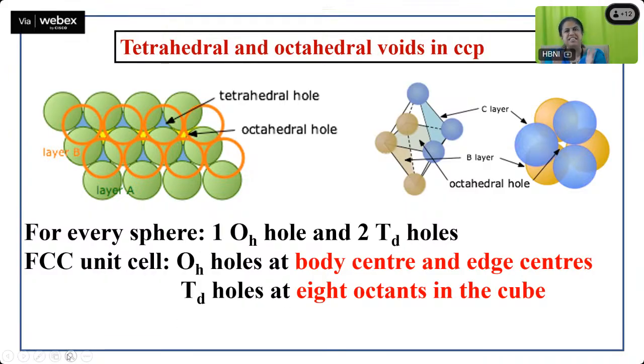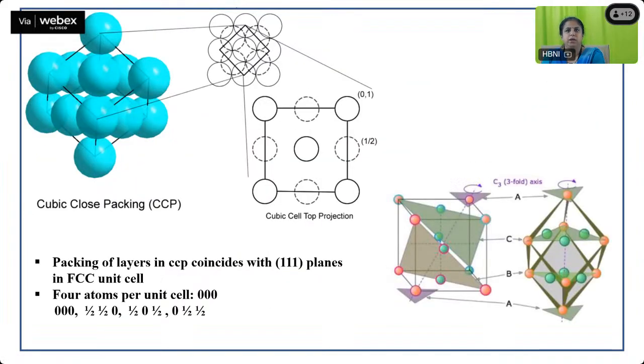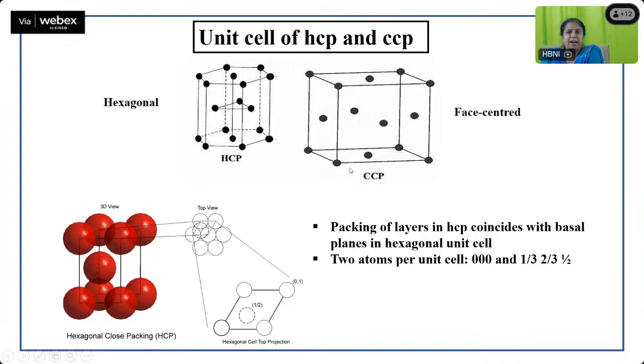Now I want you to see the tetrahedral and octahedral holes in the FCC unit cell. We saw it in CCP, let us see it in FCC. Let me first tell you the octahedral holes. An octahedral hole lies at the body center as well as the edge centers. So how many octahedral holes are there? One at the center and the ones lying on the centers of the edges. How many edges are there? 12.